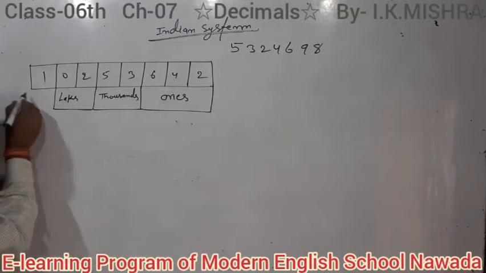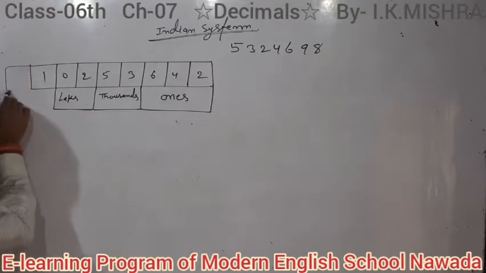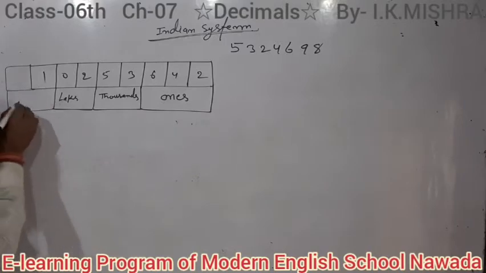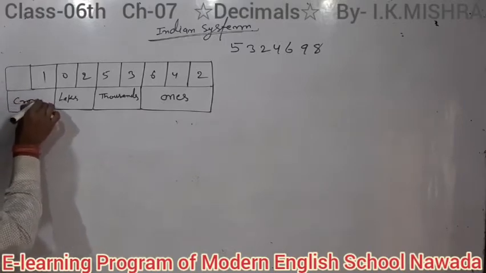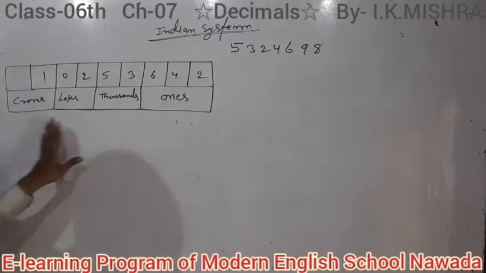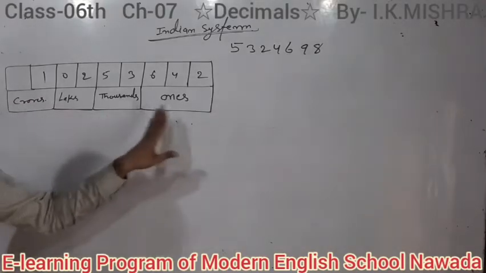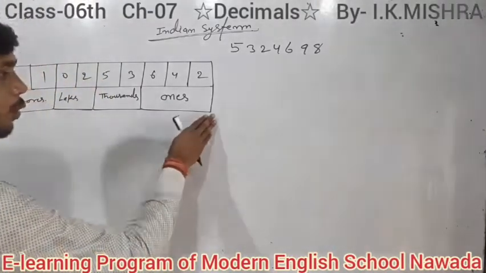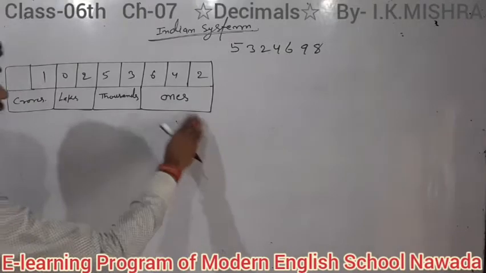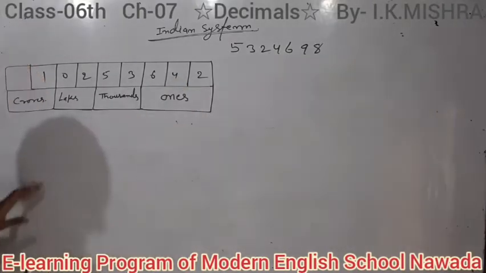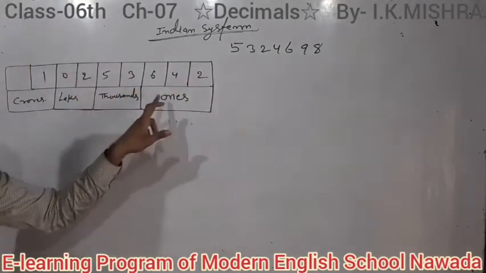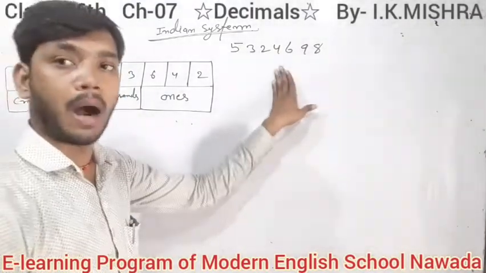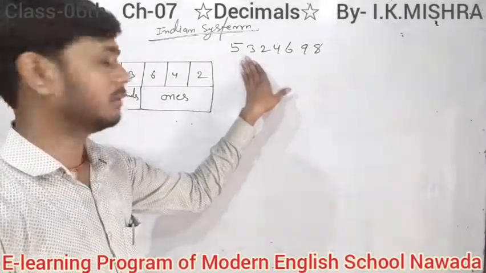And after that, a 2-digit period is called crores. Here: crores, lakh, thousand, ones. That means in the Indian system, the ones period starts from the right side of the number. So according to these periods, we first of all put the commas in the number.